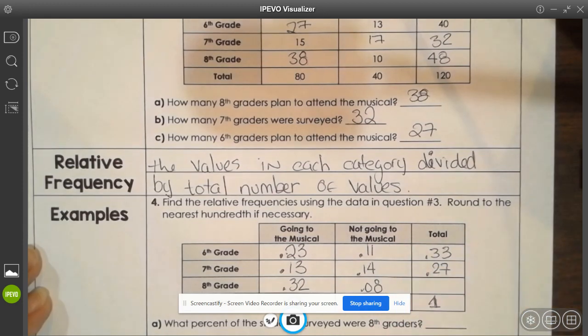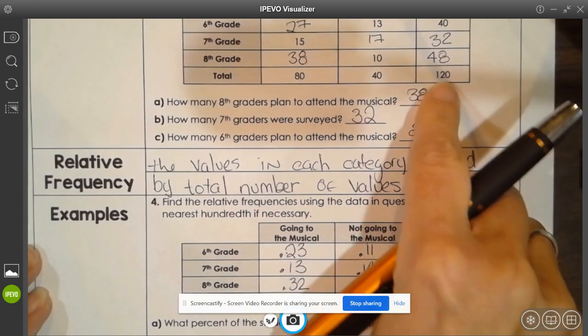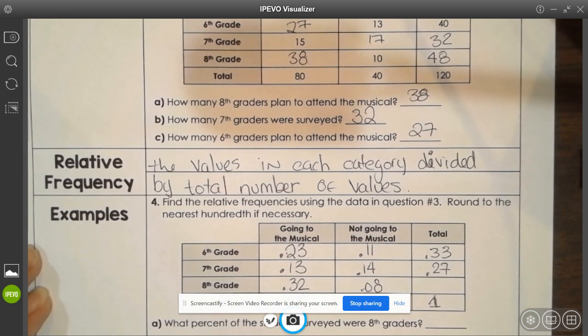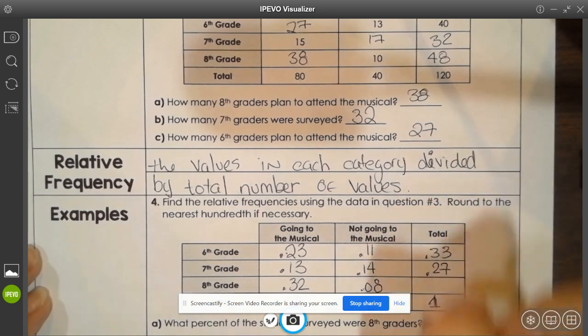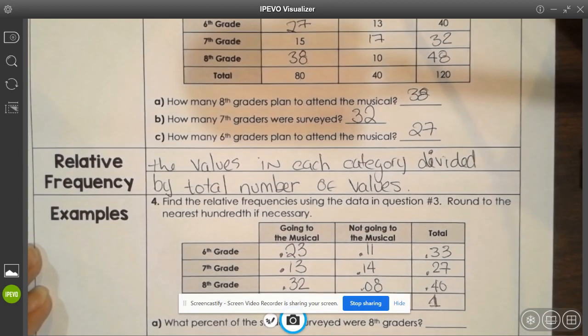And then lastly, 48, right here, 48 divided by 120, that is 0.04. So if you add this, it should be 1, okay?